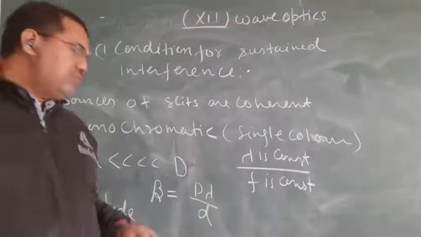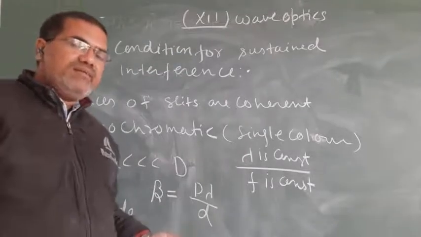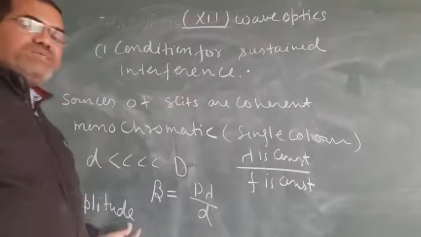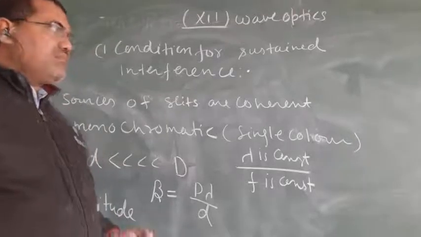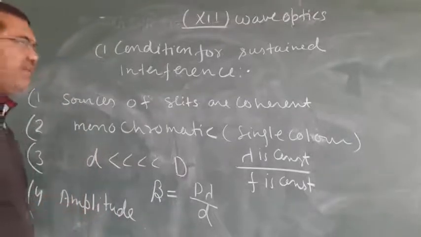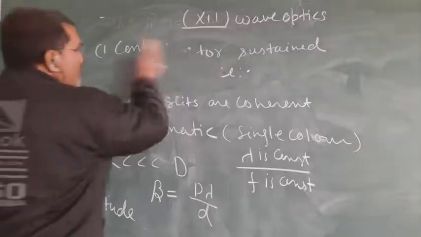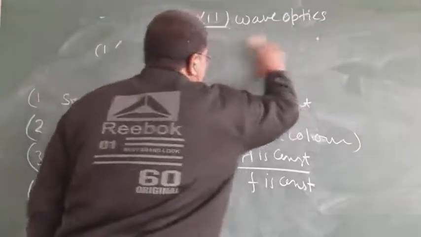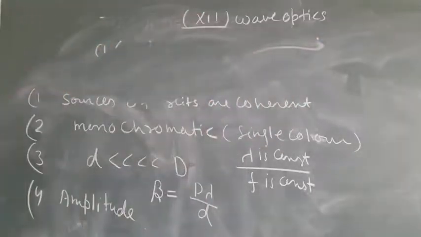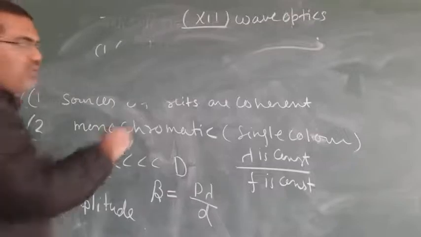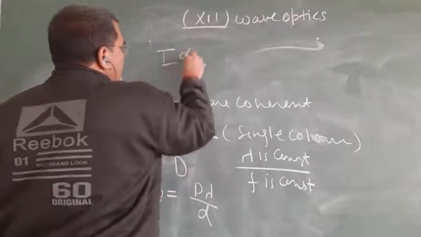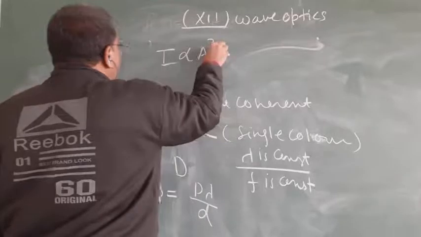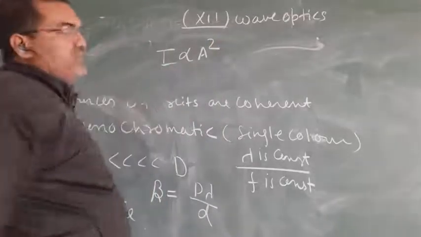Amplitude of two waves which are interfering must be the same or nearly the same. So what is the reason behind this? As we know, intensity is directly proportional to the square of amplitude.